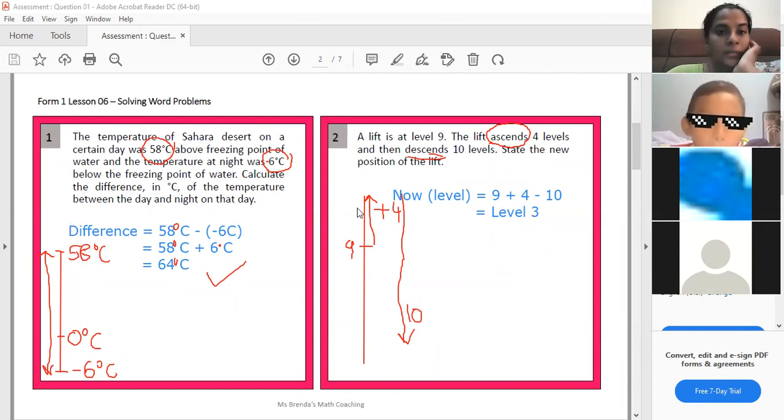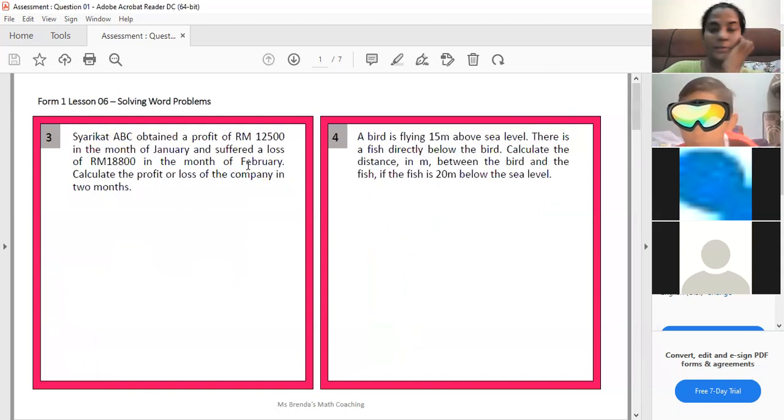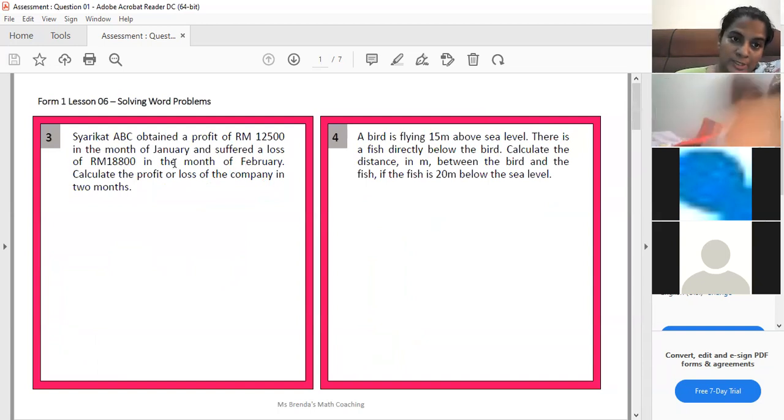Sorry. Okay, we are just doing module 6 on word problems. We just finished question 1 and 2. So now we are moving on to question 3. Let's see now, clear this. Number 3, all of you, make sure you have written this down on your side, the calculations.